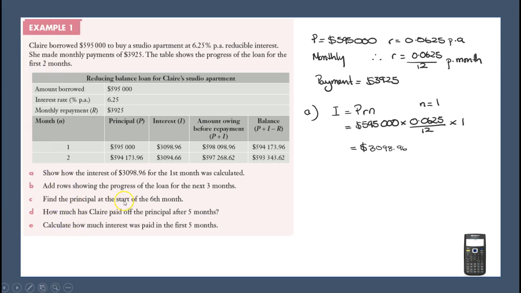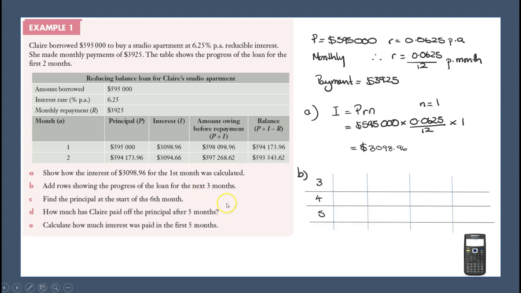Okay, part B. It says add rows showing the progress of the loan for the next 3 months. So you can see I've set this up where this is the months, and we're going to go month 3, 4 and 5.